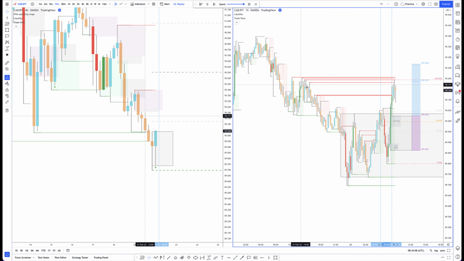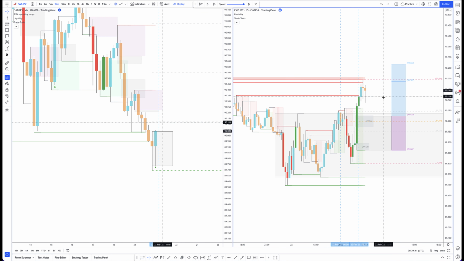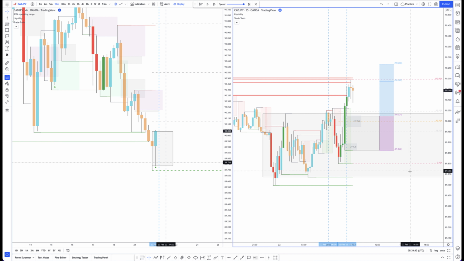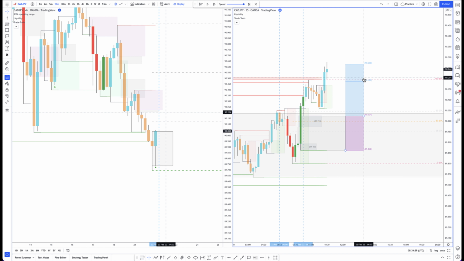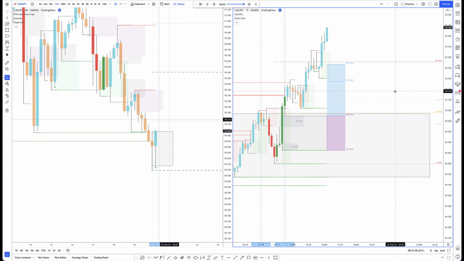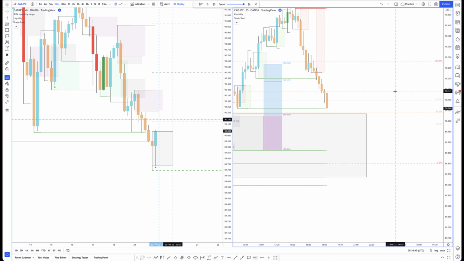I would ideally want myself to run into this liquidity rather than price to run into this liquidity first. I don't think we're going to get an entry.